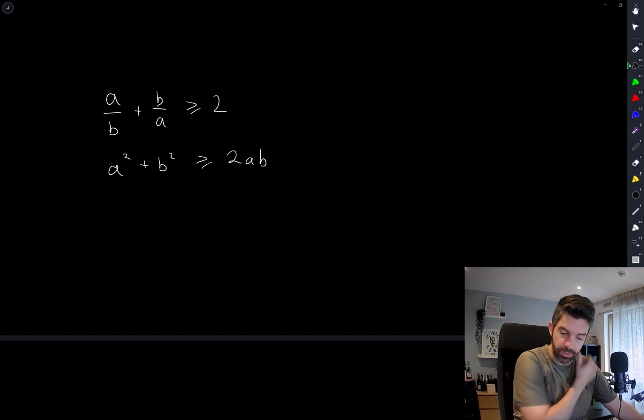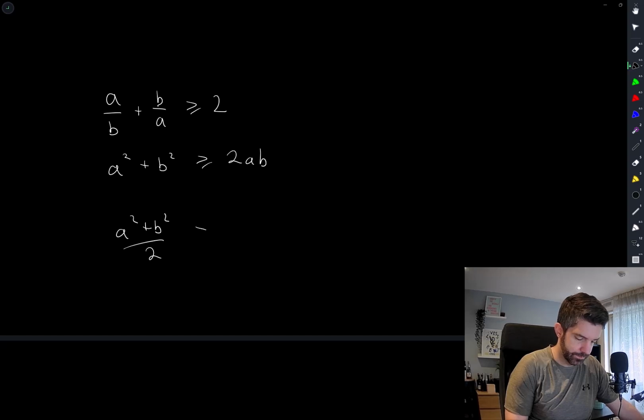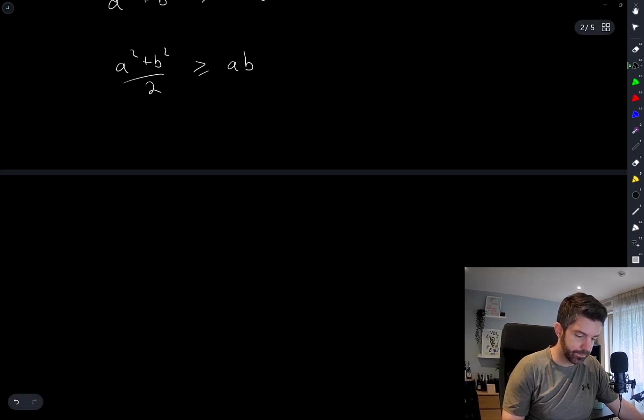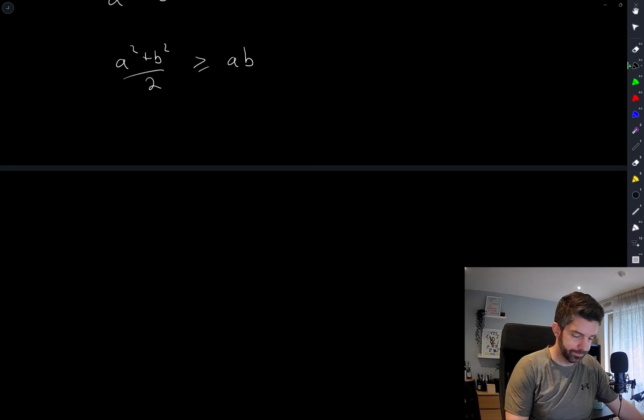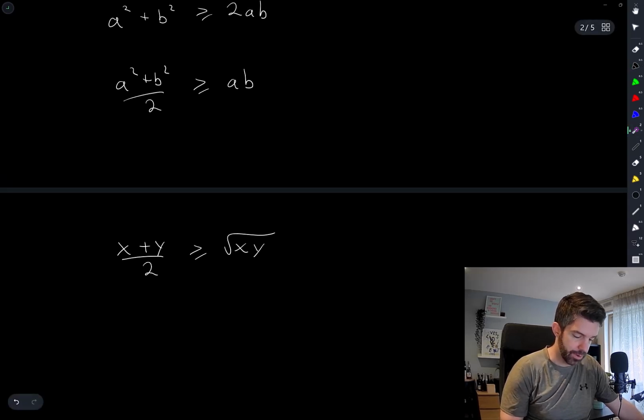So we're trying to prove the equivalent to this. And isn't this, I mean, I don't want to simply quote another result, but this looks like, if I let a squared be, let's call that, I mean, I'm reusing x here, but this looks like x plus y over 2 greater than or equal to root xy, which is the fact that the arithmetic mean is always greater than or equal to the geometric mean.